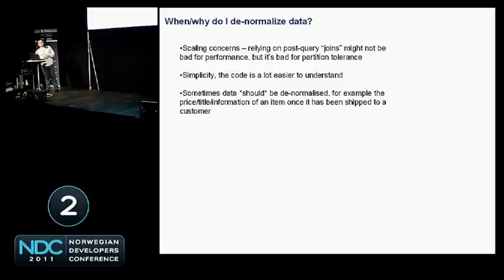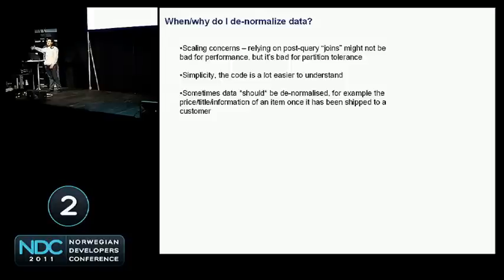Obviously, sometimes it's appropriate to normalize data anyway, and again, a document database is useful for that because of the schema-less fashion. So, for example, if I'm adding items to a shopping cart, and I ship that shopping cart, and that's now a shipped order, I don't want to have a relation between that and a product.